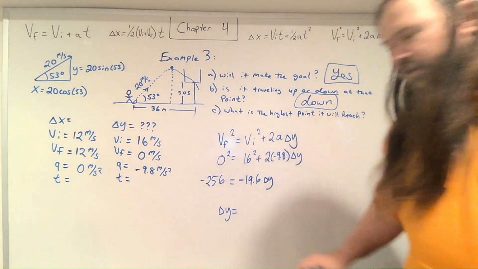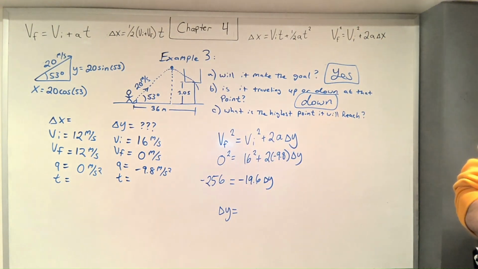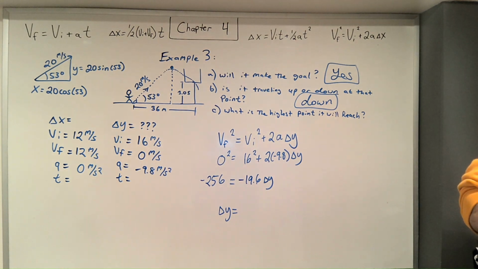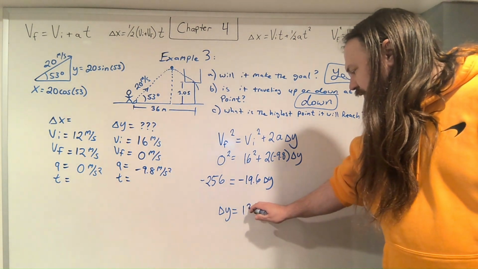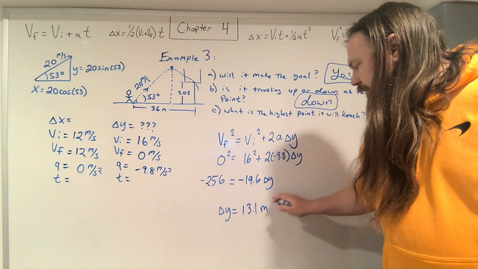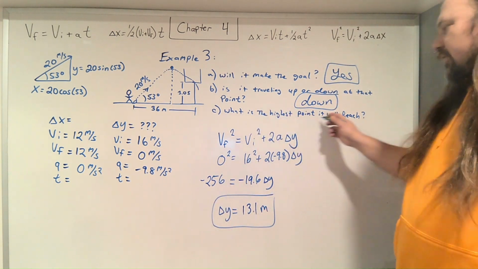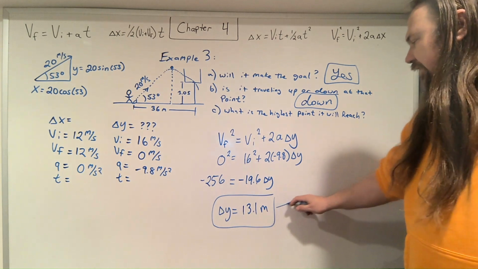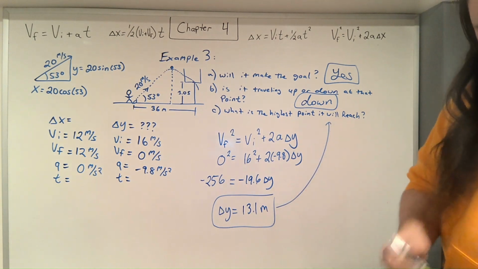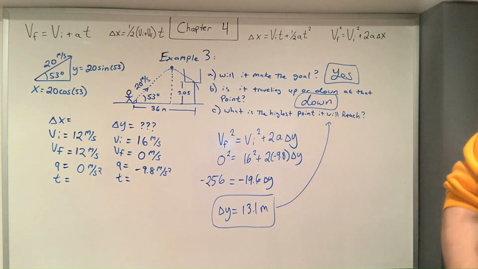And that will give me a change in y of 13.1. Okay, so I can add it to my table. It's also the highest point that this will reach, 13.1 meters.